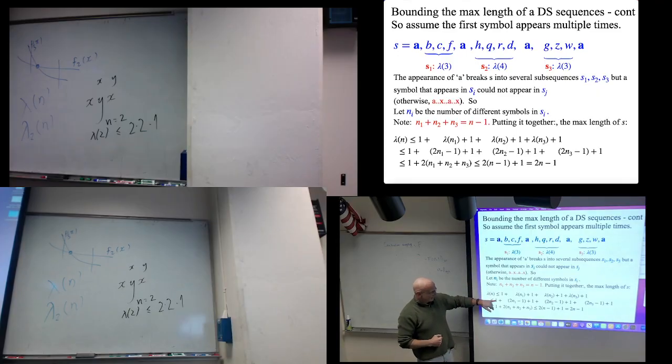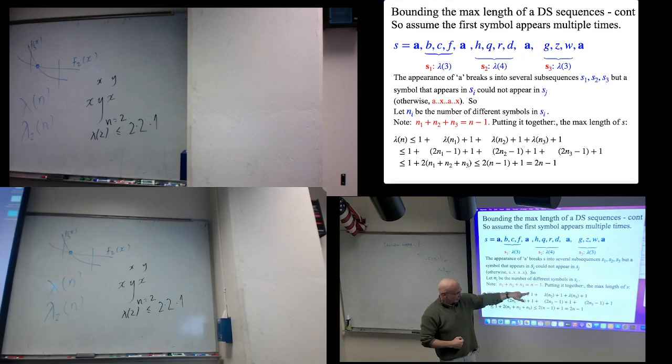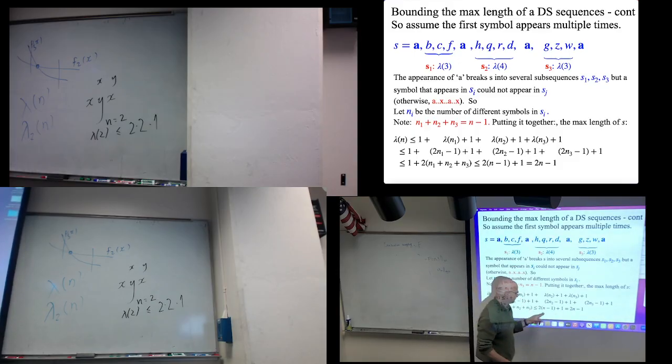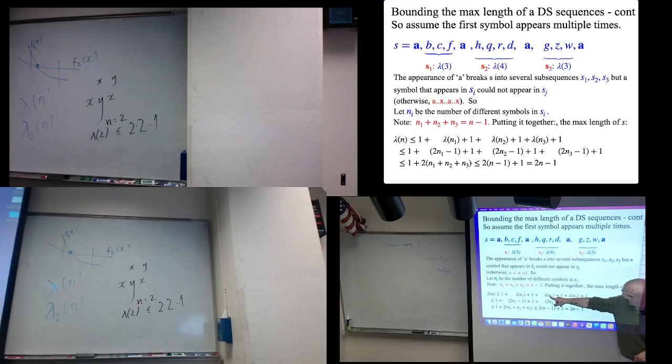But now we can play the induction trick. I don't know what is N1, nor what is N2, what is N3, but I know that they are summing up to N minus 1. And the maximum length of lambda of N1, since there are only N1 characters, is 2N1 minus 1 plus 1 at most, for lambda N2, 2N2 minus 1, 2N3 minus 1, plus the plus 1s.